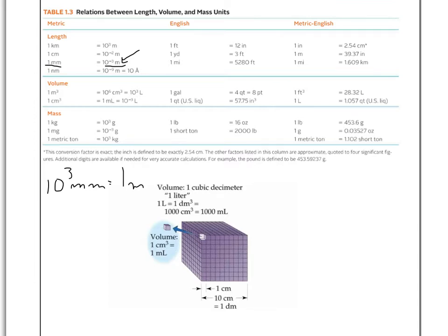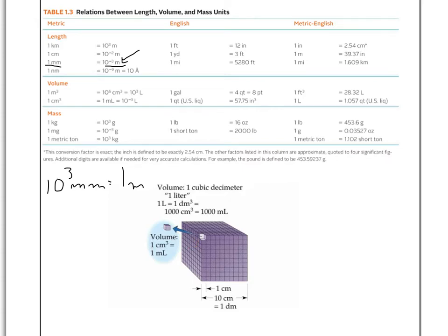The other thing that I wanted to say something about was at the bottom here, and this is the relationship between cubic units in the metric system and the other way to express volume. So down here, if you have a cube that's 10 centimeters on each side, there are 10 of those little centimeters this way, and there are 10 that way, and then it also goes 10 vertically.